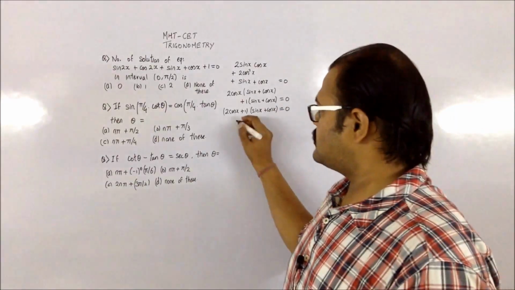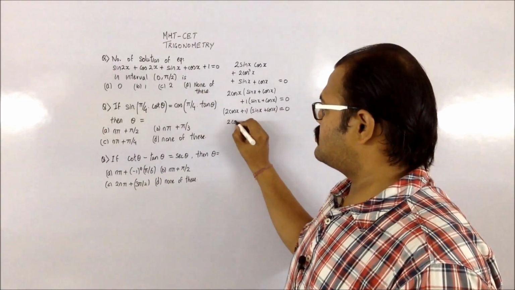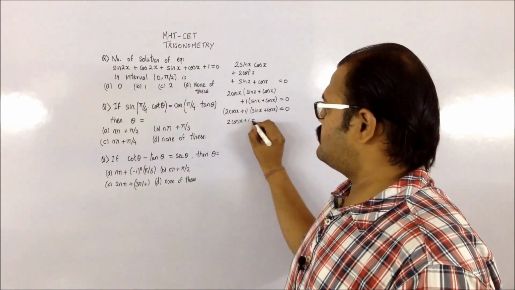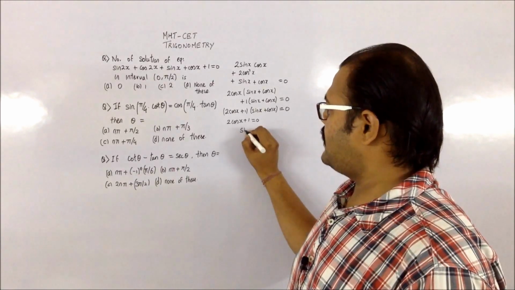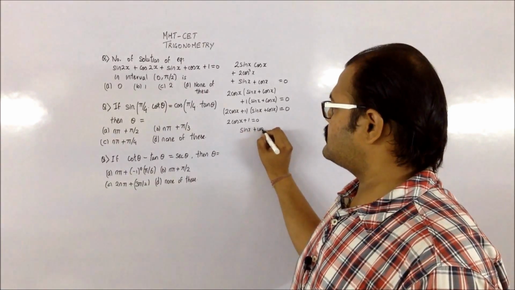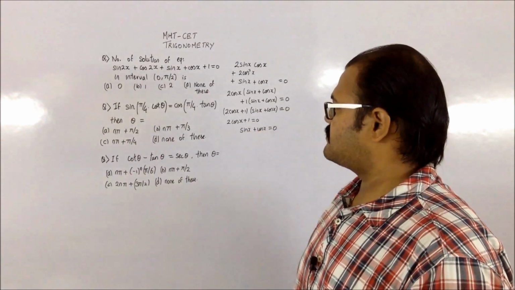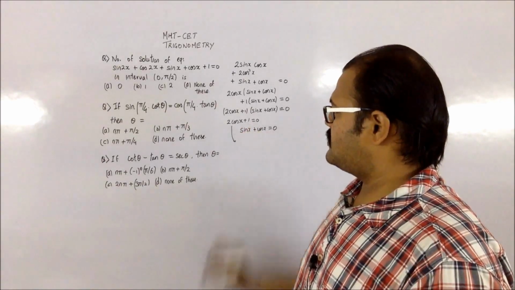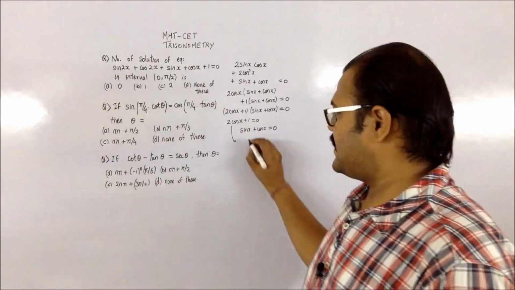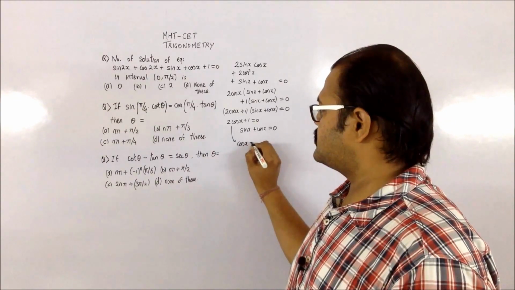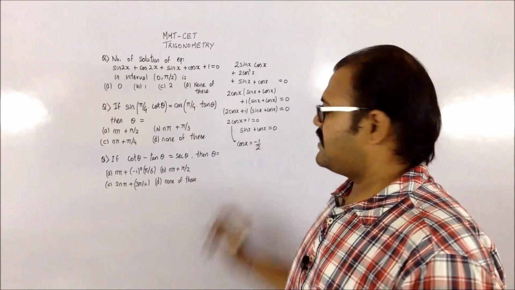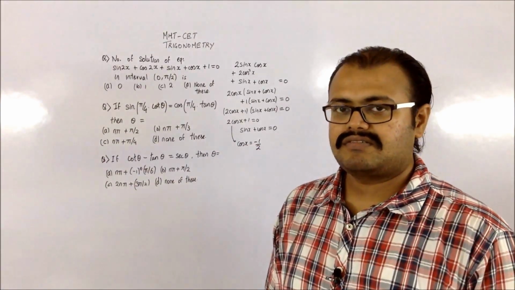Now to solve this you require either 2 cos x plus 1 equals 0 or sin x plus cos x equals 0. If you solve this equation, you will get that cos x should have the value minus 1 by 2.